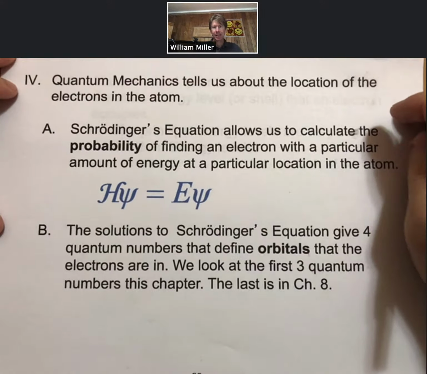And so an L equals 0 will always be an S shape and what we'll call an S sublevel. So I will also write, these are sublevels. Okay. And again, we're just reviewing how these quantum numbers work, and then we'll see them in action.